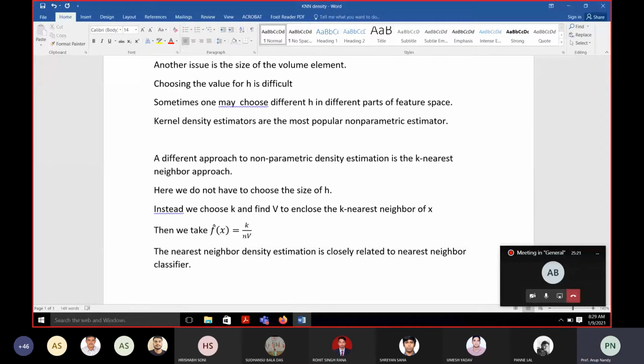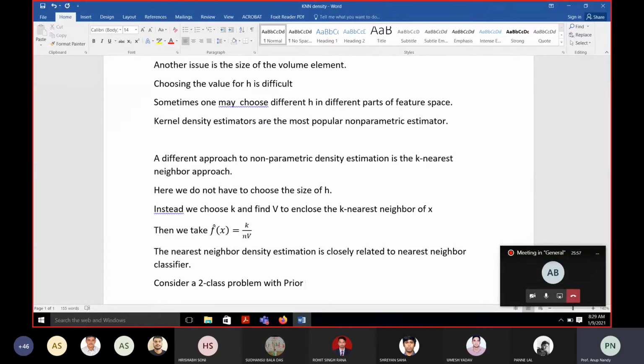Now consider a two class problem with prior probability, because now I am going to apply this nearest neighbor density estimation in the Bayes classifier, so that you could obtain the k nearest neighbor.